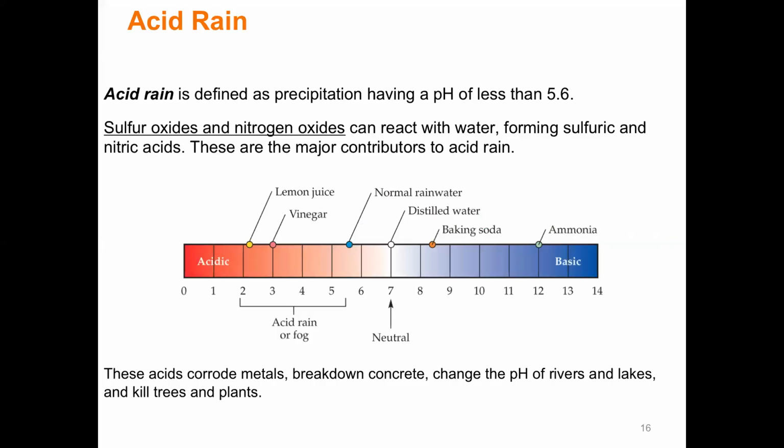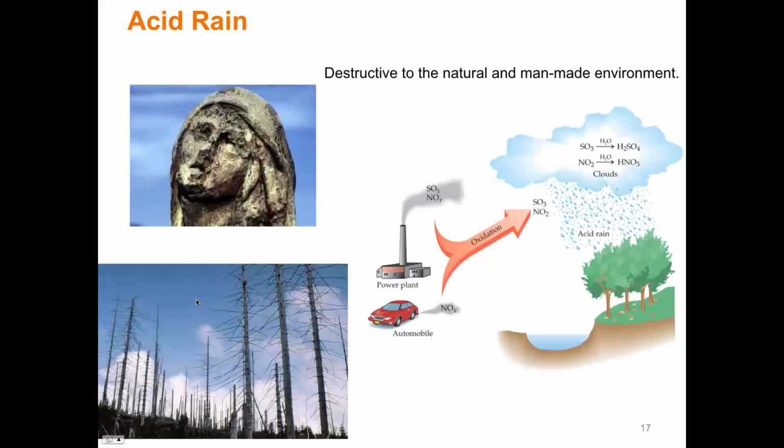So this is affecting us as a civilization, but it also changes the pH of rivers and lakes and kills plants and trees. Again, these come from industrial and automobile emissions. They oxidize, combine with water, and fall as acid rain.